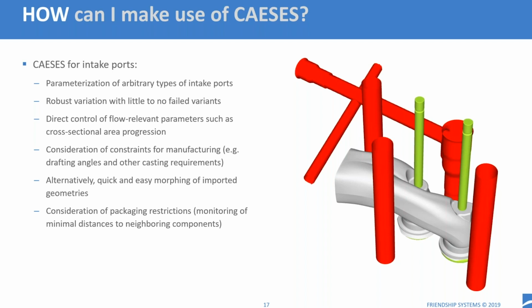So if you have your injector and bolting holes and oil gallery and things like that imported into CAESES, you can check all the distance to these components all the time while the geometry is changing, and make sure that minimum distances are not undercut, or that there are no collisions between these components.